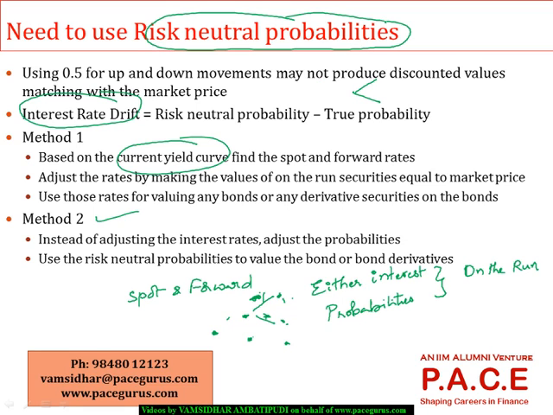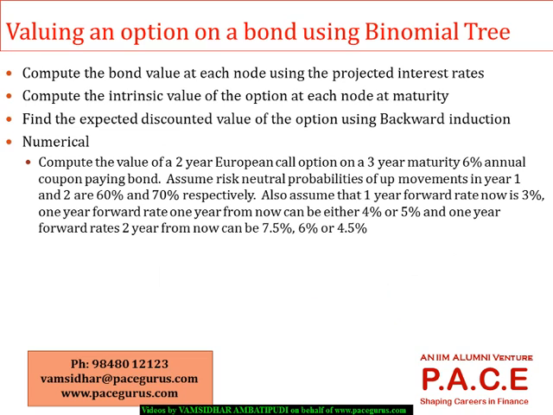So we'll use that approach to find the value of the bond or an option on the bond, and try to have a good understanding of this entire process. The moment we take up one simple example, this will give us a decent understanding of the process.